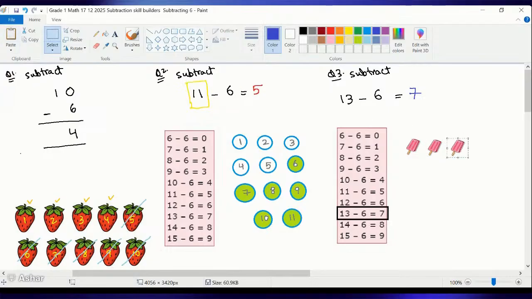So if these are 3, 4, 5, 6, 7, 8, 9, 10, 11, 12, and the last one is 13, because 13 is the largest possible number.